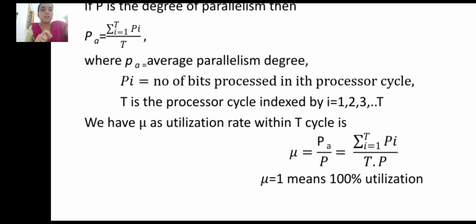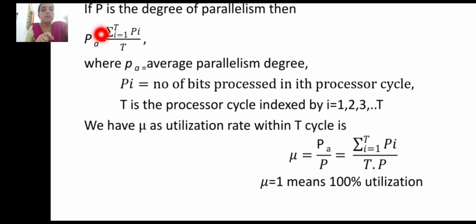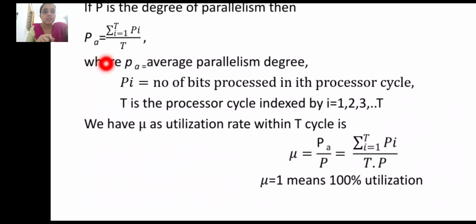Here is the formula. Suppose PA is the average degree of parallelism, which is denoted as summation of i equal to 1 to T of Pi upon T, where PA is the average parallelism degree, Pi is the number of bits processed in the ith processor cycle, and T is the number of processor cycles indexed by 1 to T. Okay, for a particular cycle, this many bits are processed.